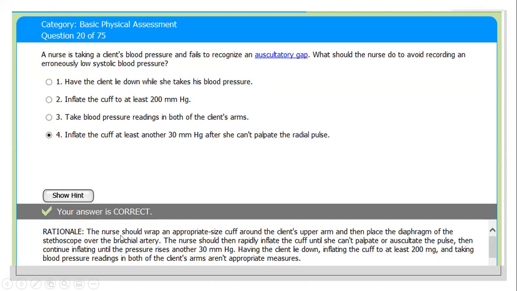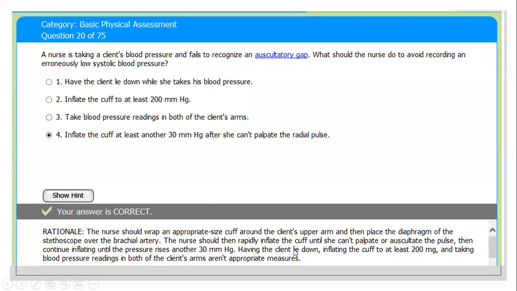The rationale: the nurse should wrap an appropriate size cuff around the client's upper arm and then place the diaphragm of the stethoscope over the brachial artery. The nurse should then rapidly inflate the cuff until she cannot palpate or auscultate the pulse, then continue inflating until the pressure reaches another 30 millimeters of mercury.